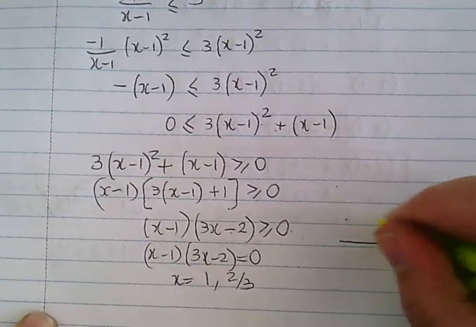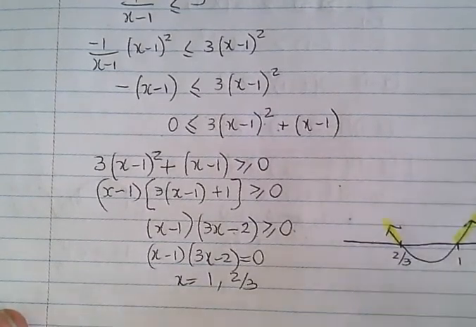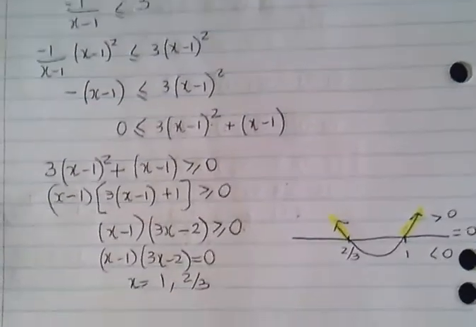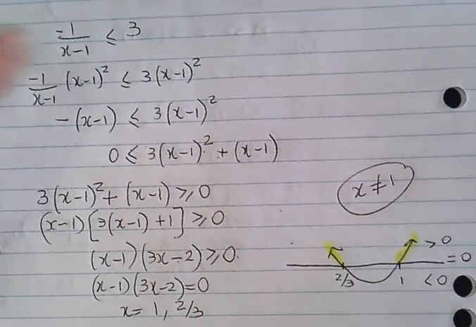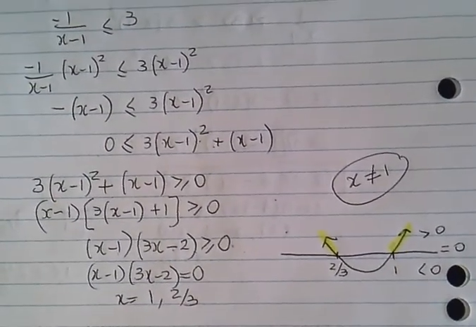Up here. Be careful. Go back to your question and look at what x cannot equal. X cannot equal 1. Make sure you don't have an x equals 1 in your solution.